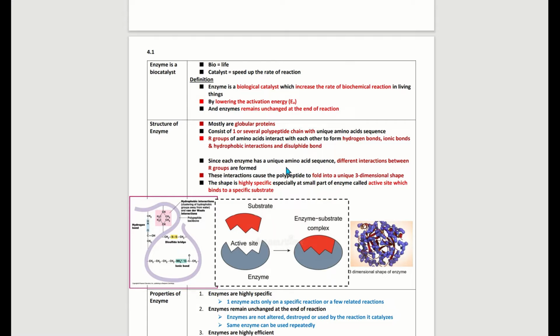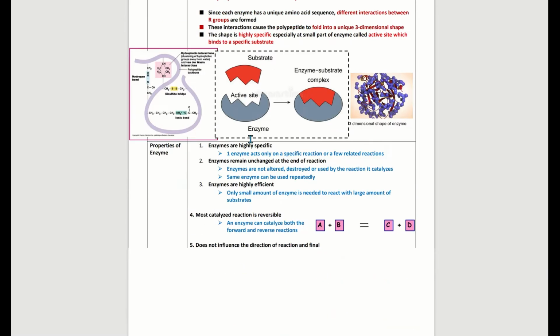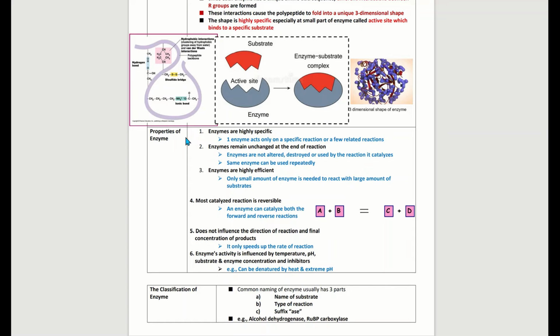Then because enzyme has a unique amino acid sequence, different interactions between R groups are formed. Okay, so interaction ni berbeza-beza lah di antara enzim yang berbeza. Hence, dia akan hasilkan 3-dimensional shape. Ni 3-dimensional shape of enzyme. Okay, so enzim ini dia ada kawasan yang bernama active site. So active site inilah yang akan bind kepada specific substrate. Okay, specific substrate.